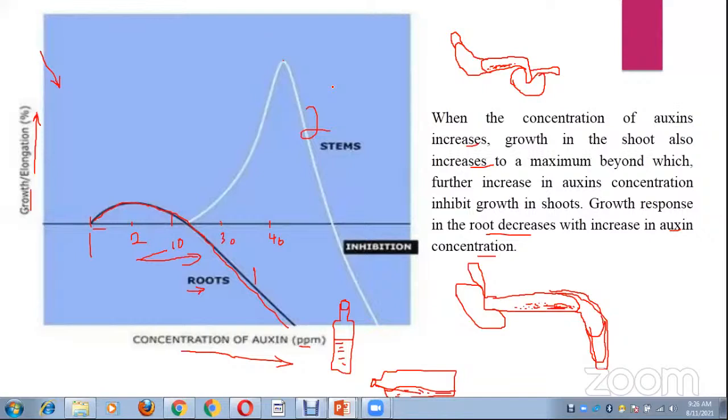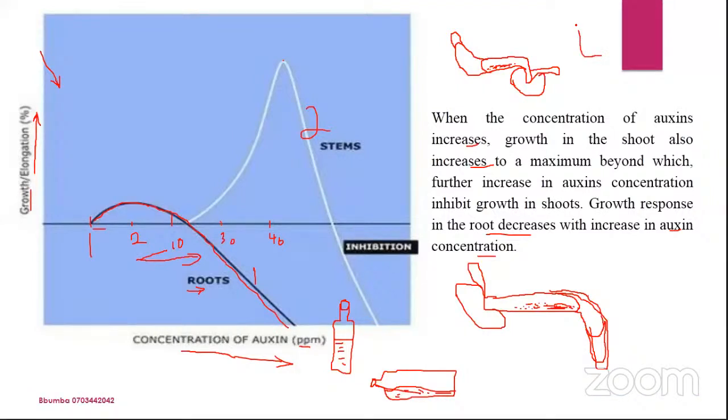Teacher, when the growth in the shoot reaches a maximum, does growth stop? Yes. The growth we're talking about is the elongation of the cells. After the root has bent upward like that, it stops because concentration has reached maximum.